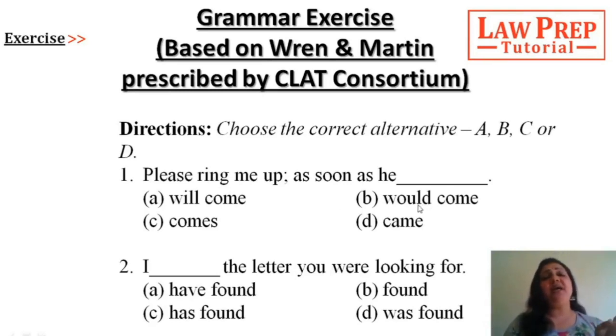Will, shall, can, may are present tense; would, should, could, might are past tense. So we can't have would come. We can't have came because this is the V2 form, simple past tense. So we have 2 options left, will come or comes. Because this is a present tense sentence, we will give the answer in present form only, and the answer would be comes. Please ring me up as soon as he comes.